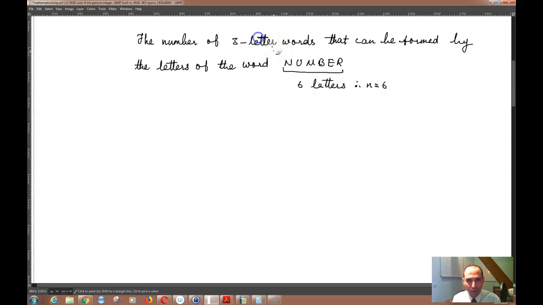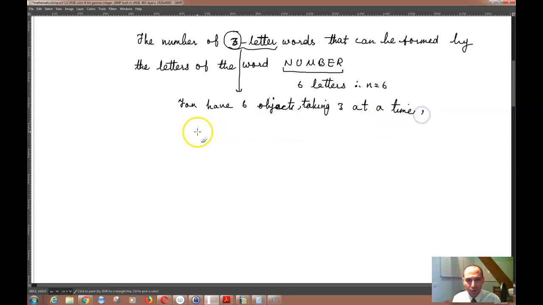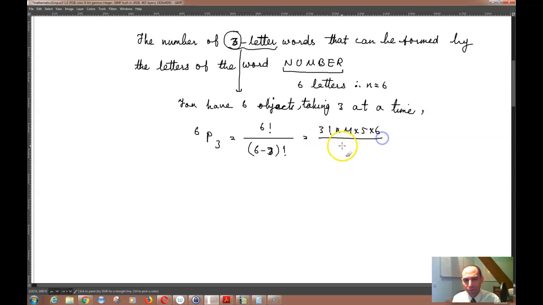And since you're making 3-letter words, you basically have 6 objects and taking 3 at a time, which would be 6 permutation 3, which is the same thing as 6 factorial over 6 minus 3 factorial, which is the same thing as 3 factorial times 4 times 5 times 6 over 3 factorial, which is 120, right?